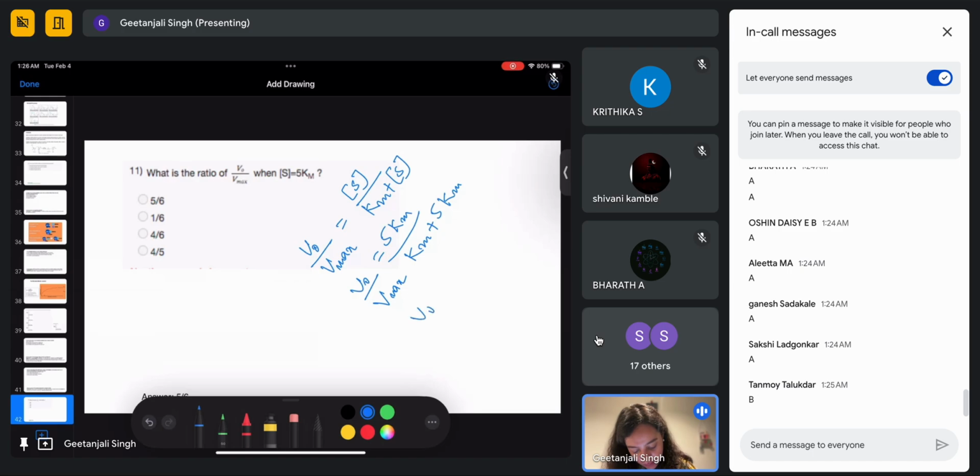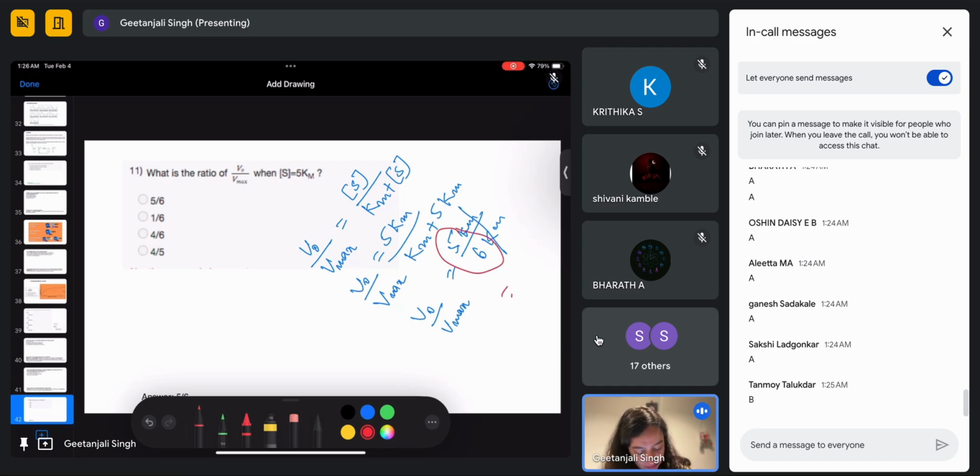V naught by Vmax is 5 Km by 6 Km. You can just remove Km. Now we're left with 5 by 6. Simple.